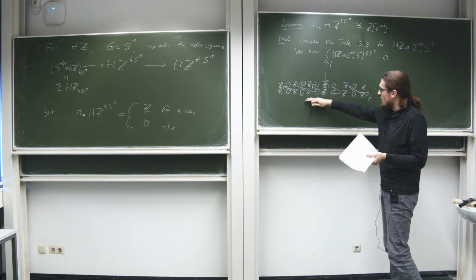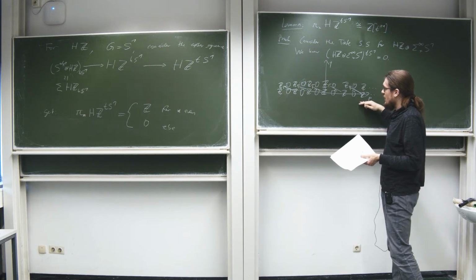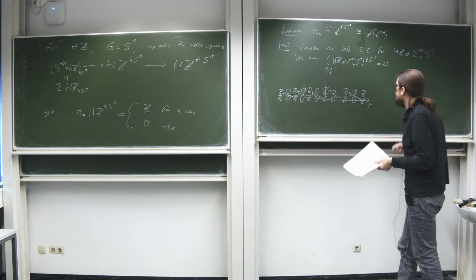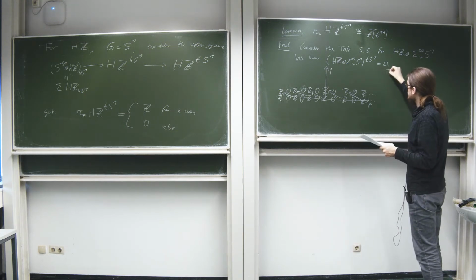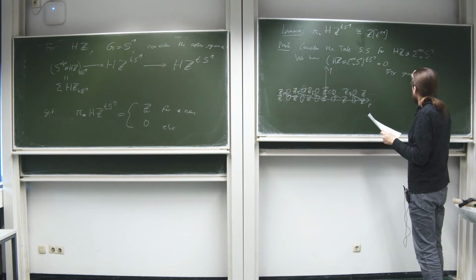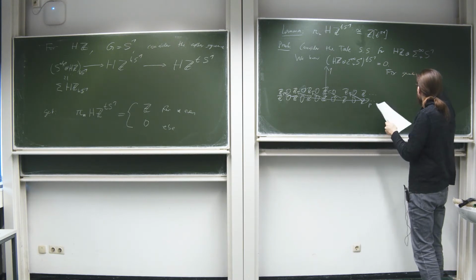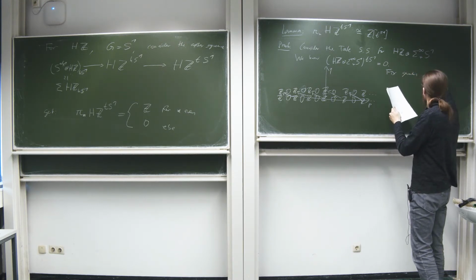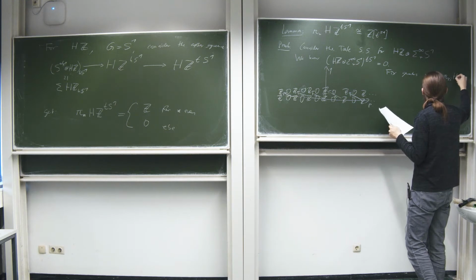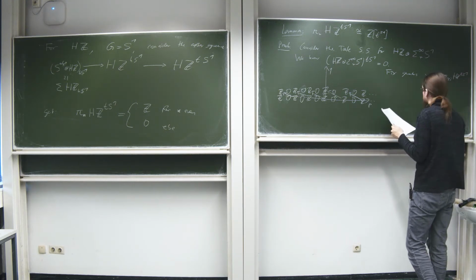So let's describe this stuff here as a module over the Tate construction on HZ. So we fix generators x_i of pi_2i HZ Tate S1.